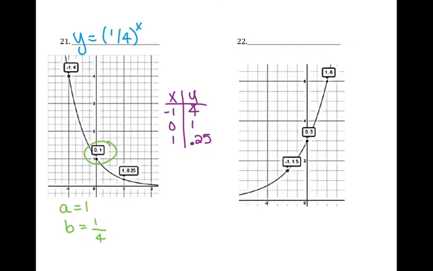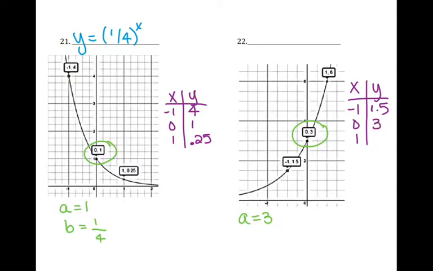22. Here is my a, so my y-intercept is at 3. And once again, I'm going to go ahead and create a table just to organize my points. So I have -1, 0, 1. At -1, that's 1.5. At 0, I'm at 3.